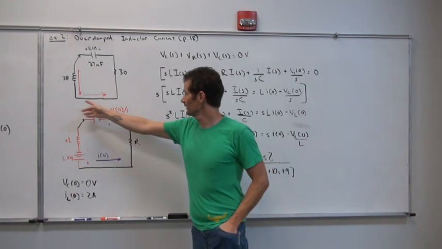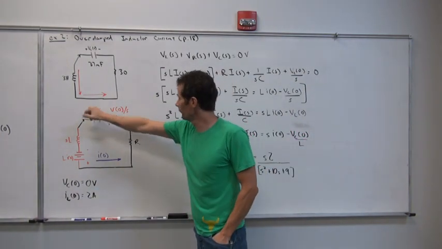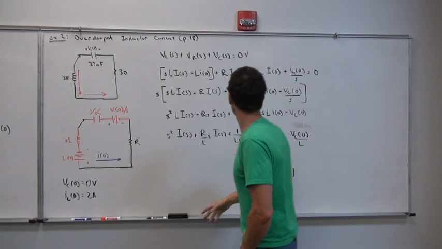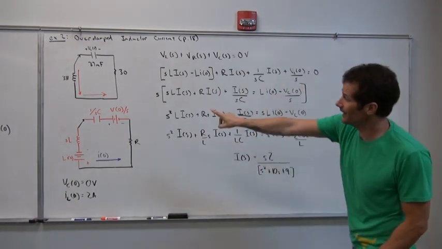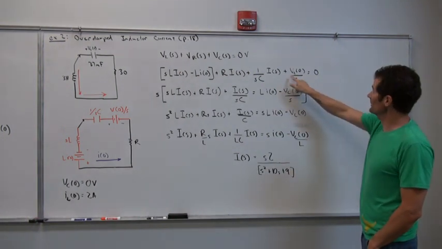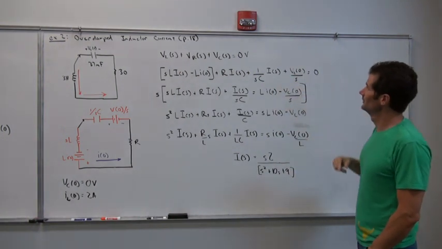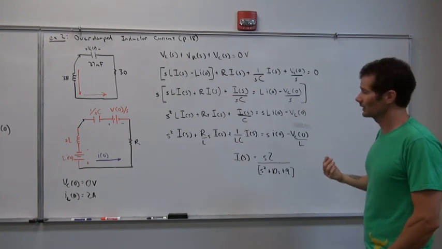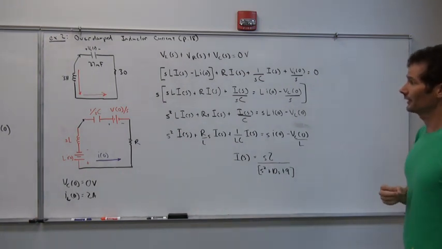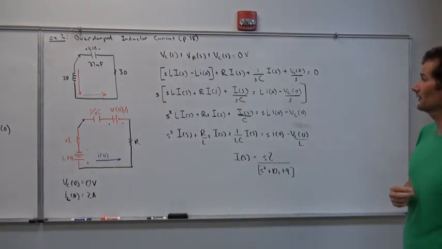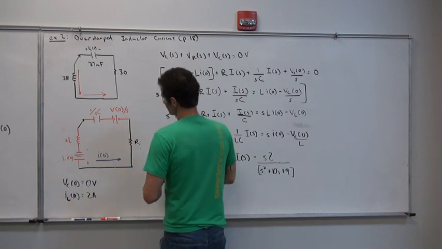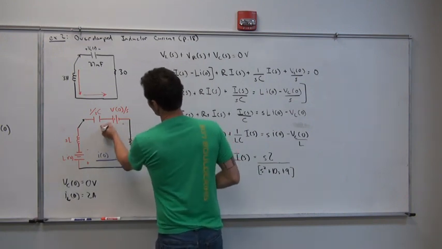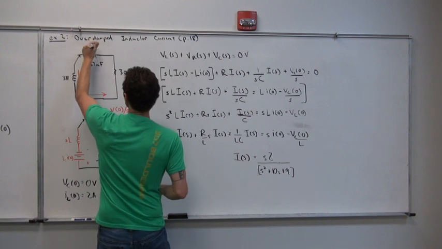That's the model now for the capacitor, 1 over SC times I of S, but the voltage isn't complete unless we tack on that other voltage source, plus VC of 0 over S. Okay? That's what we would expect to see there. And here, ooh, that's actually backwards right here. Yep, and I think that was backwards as well.